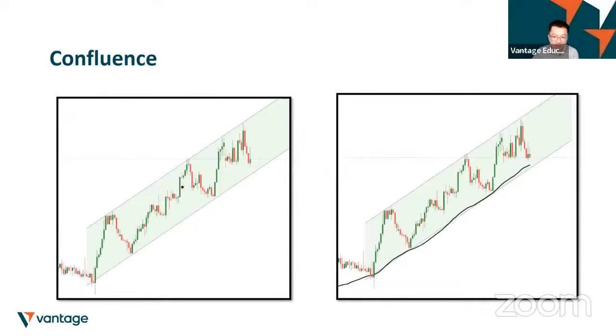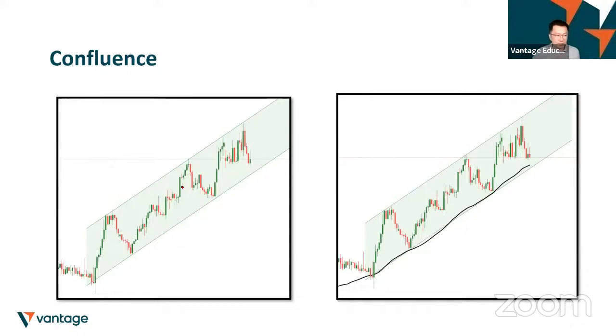With that, not just a double break, what you're going to consider is also a confluence. What's a confluence? It's when you have multiple tools or multiple indicators working together to give you a good, strong signal.